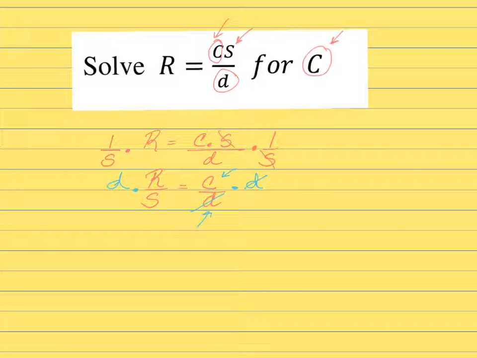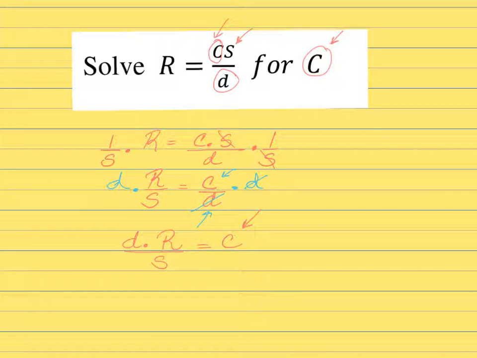And you're gonna be able to cancel the D. Let me rewrite this. So now you have that D multiplied by A divided by S is equal to C. Is your C isolated in one side of the equation? The answer is yes.